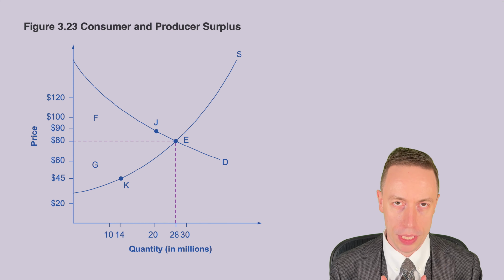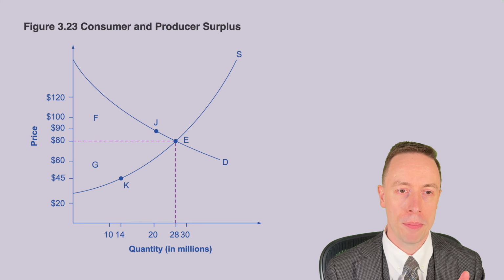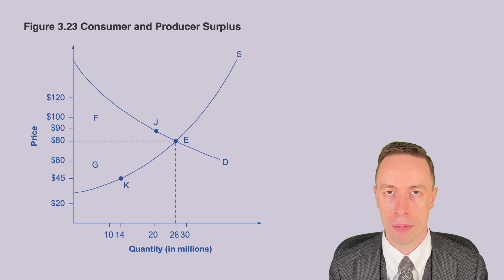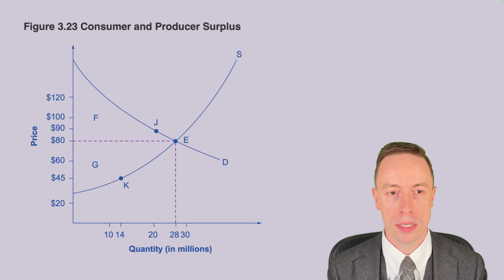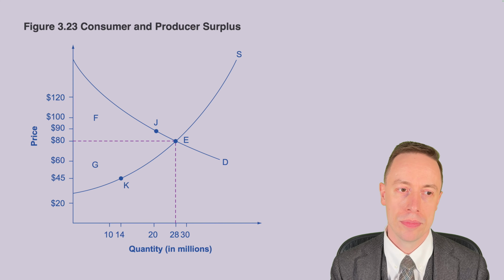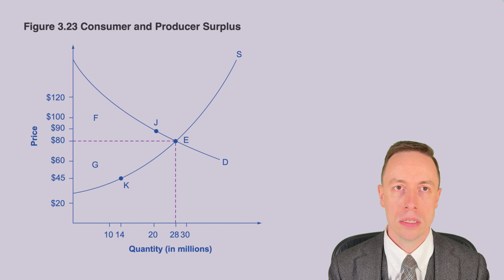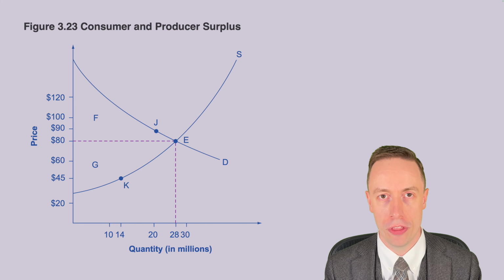So one more time, let's put that together. In this market, if we let the market exist at an equilibrium, we identify consumer surplus below the demand curve above the price, that's area F, and producer surplus below the price and above the supply curve, that's area G. We could also say that social surplus is the combination of those two.